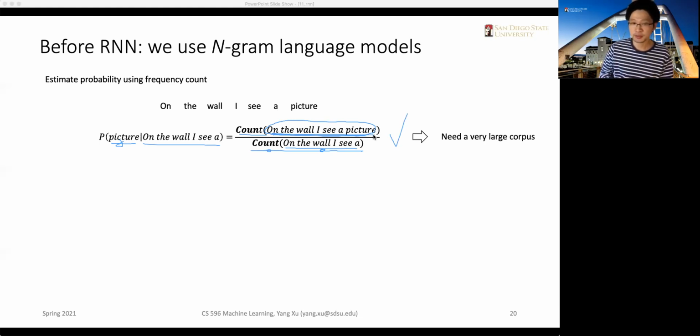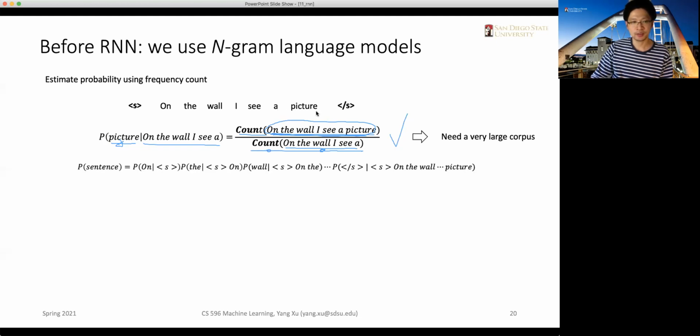Even if these are very frequent English words, this sentence with a specific meaning is not likely to be spoken by two different persons in different contexts, right? It's a very specific example. So we need to deal with this issue using a technique called the Ngram model, okay?